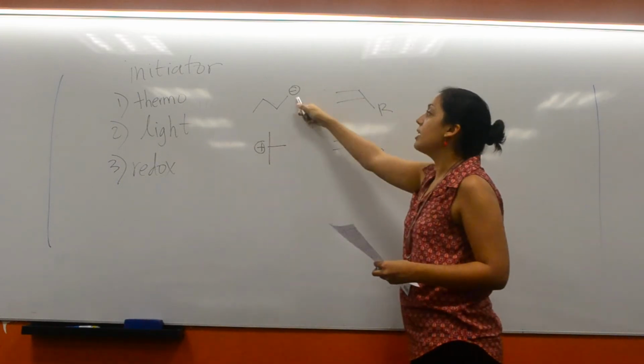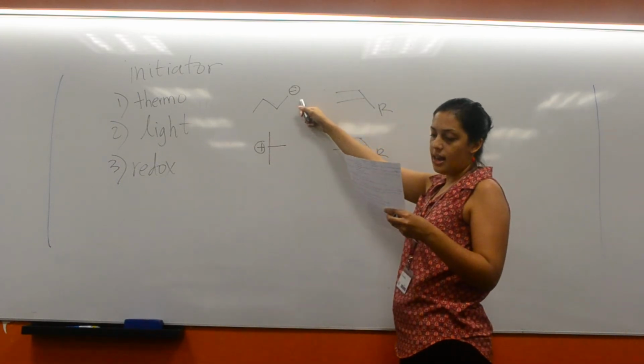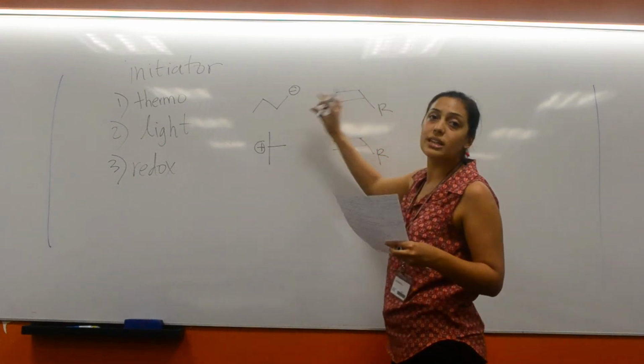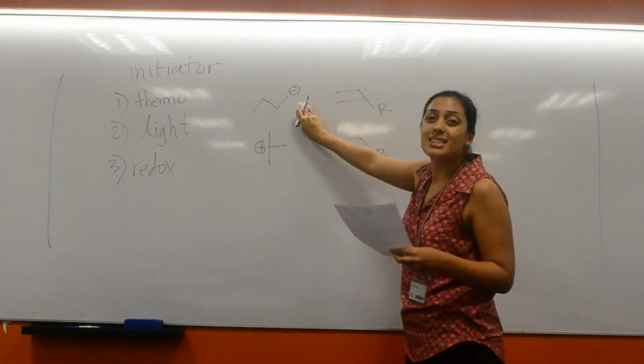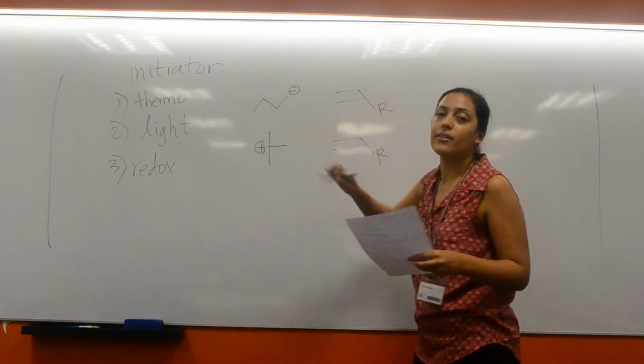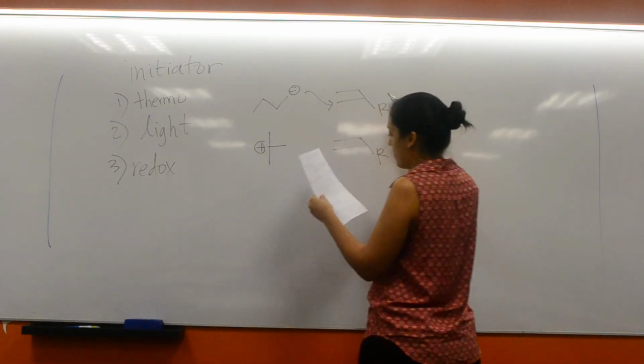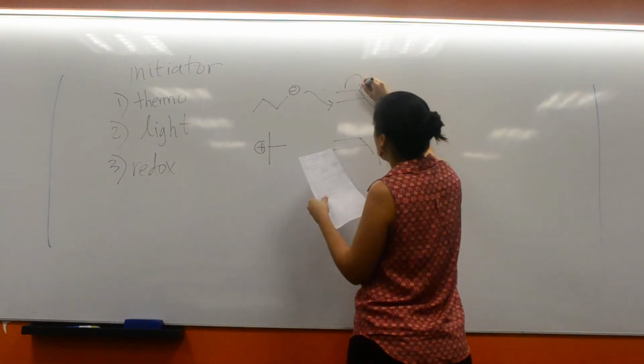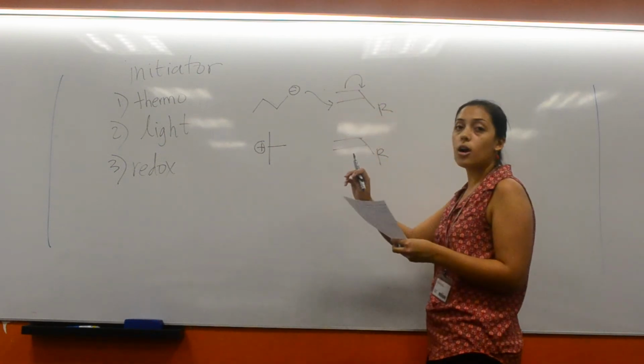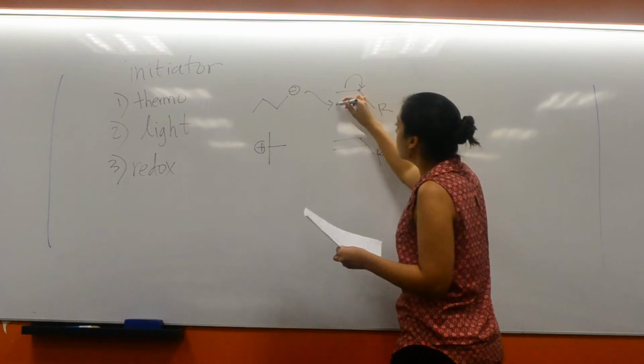In this case, this is where that negative is, or where the electron density is. So this is the attacker. This is the nucleophile. This is what attacks things. It'll attack this carbon here, and it'll push an electron onto that carbon here, right?